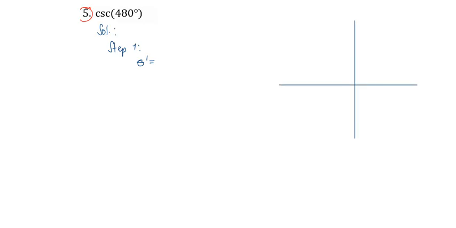So as you can see, this is 480. So meaning 480 minus 360 is 120. So basically, our angle would terminate at 120. So isa siyang ikot or isang rotation but would terminate at 120.